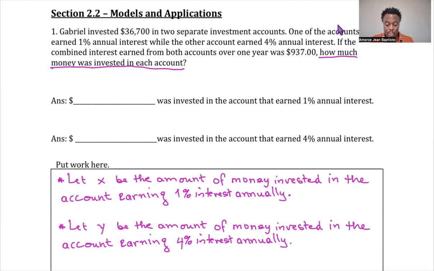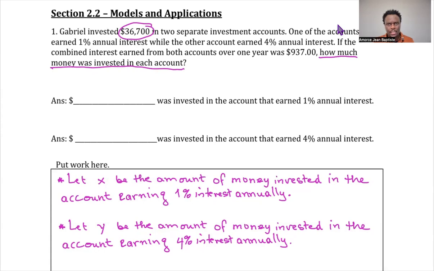Well, we know that's the total money invested. That total money invested is separated into the investment in the 1% account and the investment in the account earning 4%.